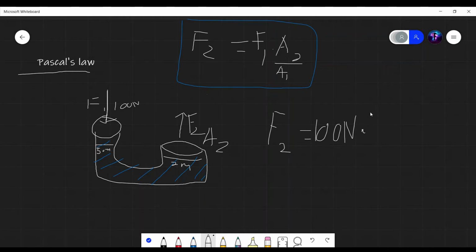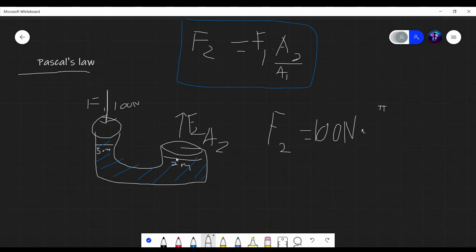So I'm just going to write it. 100 times pi, and since A2 is 2 meters, you want to have the radius.